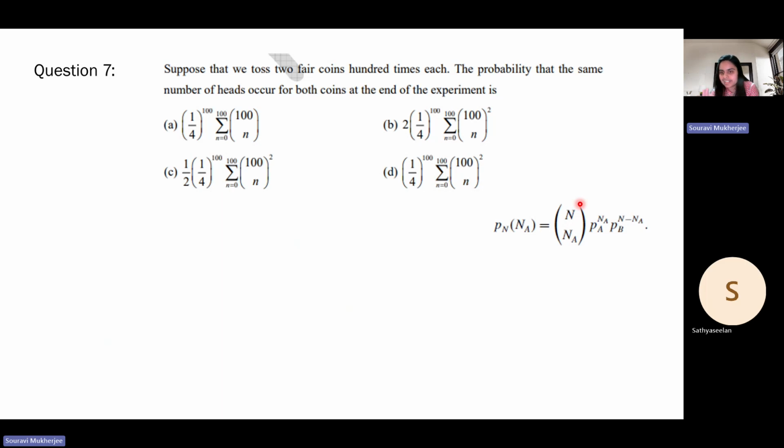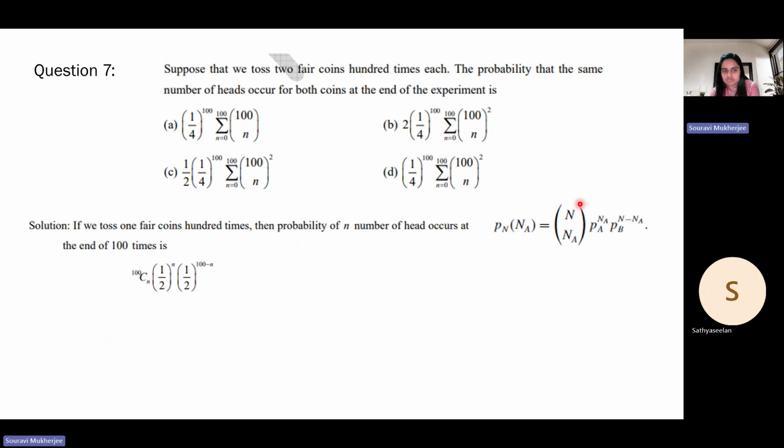Now you can choose some NA, maybe that is small n. Okay. So if you toss one fair coin 100 times, then the probability of n number of heads occurring at the end of 100 tosses is given as 100 Cn half to the power n into half to the power 100 minus n, right?